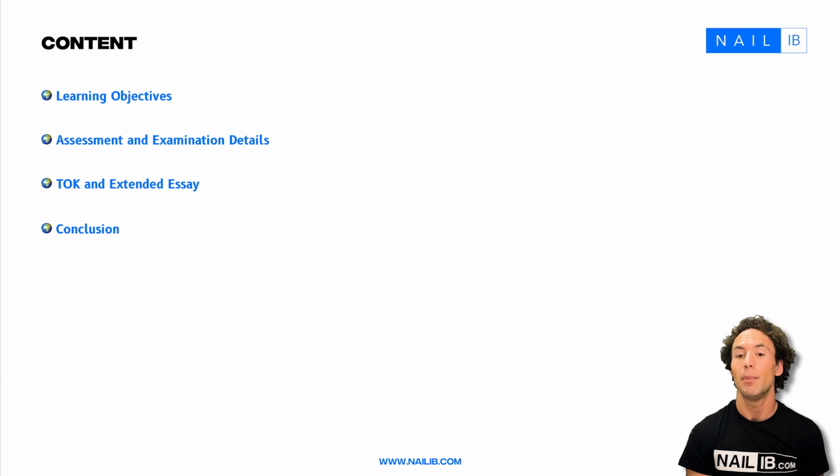Next, as I mentioned, we'll have the assessment and examination section, where we will consider the assessment methods employed within the course. We will consider both the internal and the external assessments, including the individual oral, where we will consider commentaries, timings, alongside what you should be expecting from written examinations, what you should be aiming for with the written examinations, and obviously the structure and requirements of both paper 1 and paper 2, which focus on literary commentary and essay writing respectively.